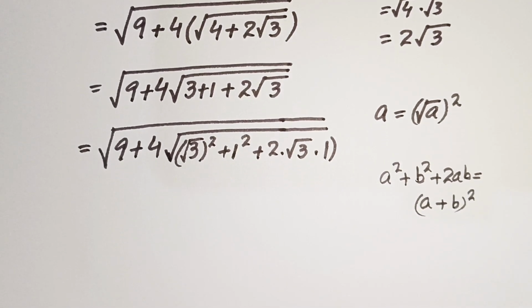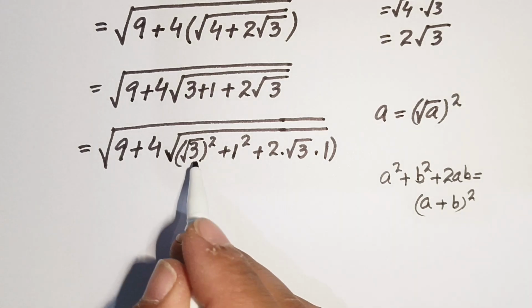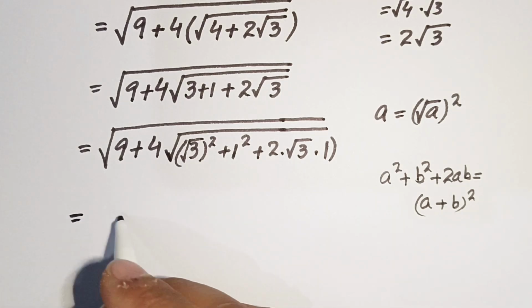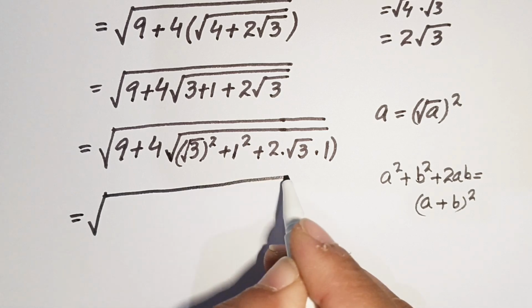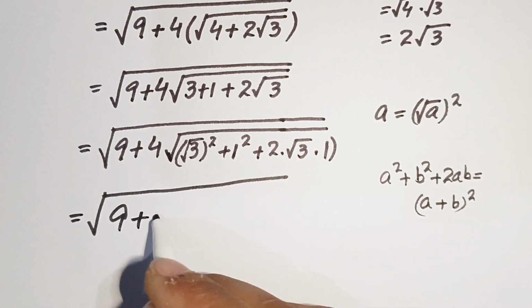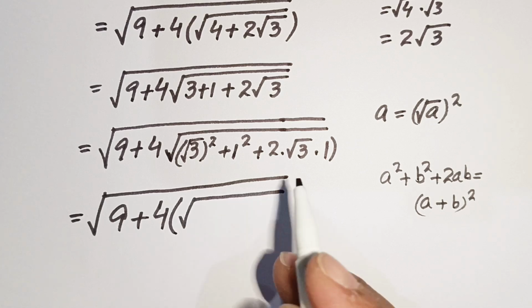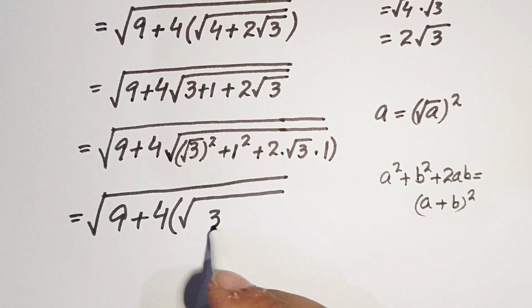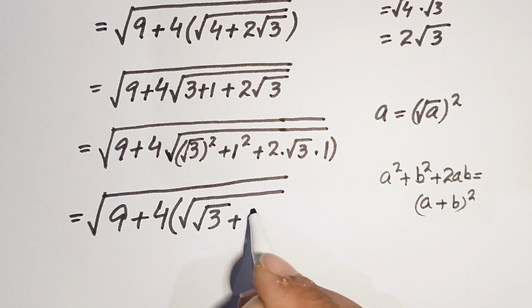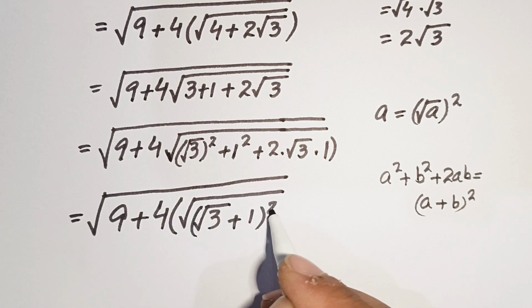Now applying this formula here in the parentheses, we get square root of 9 plus 4 times square root of square root of 3 plus 1 whole squared.